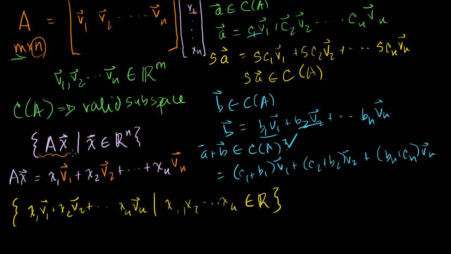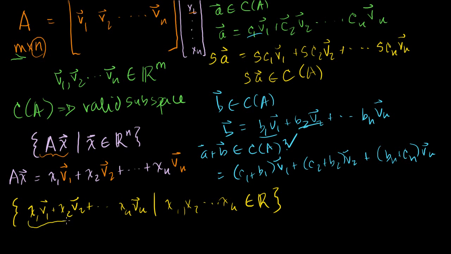That's all I'm saying here. This statement is the equivalent of this. When I say that the vector x can be any member of Rn, I'm saying that its components can be any members of the real numbers.